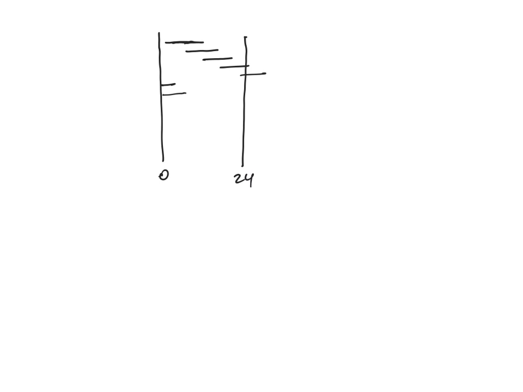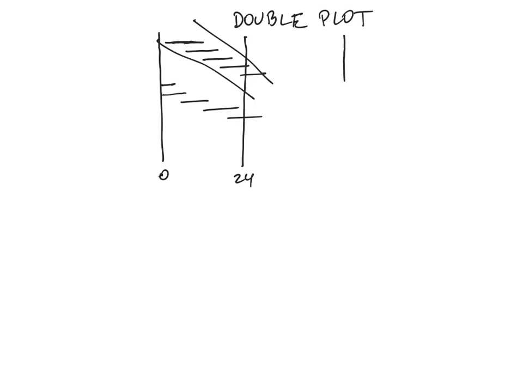something like this, and it kind of becomes annoying because it's hard to visualize the whole bout of activity in one 24-hour plot. So sometimes what you do is what we call a double plot, or a double plotted actogram, where instead of having 0 to 24, you have 0 to 48.